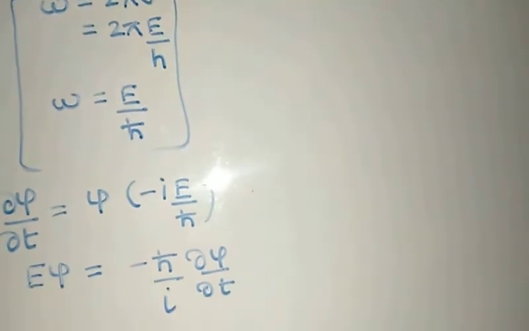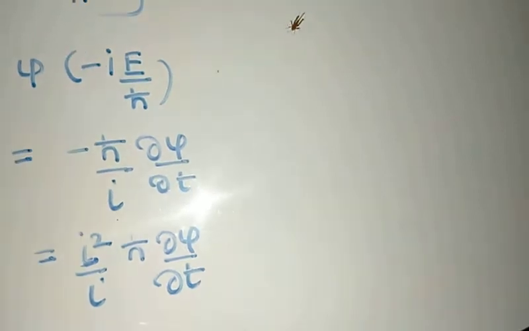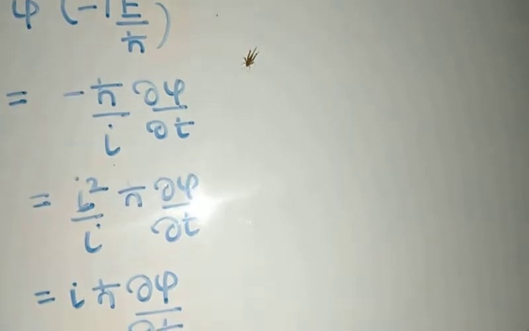Since we know i square is minus 1, instead of minus 1 we can put i square, so this will be i square h cut deva psi upon deva t upon i, the i cancels out, so we can write i h cut deva psi upon deva t.